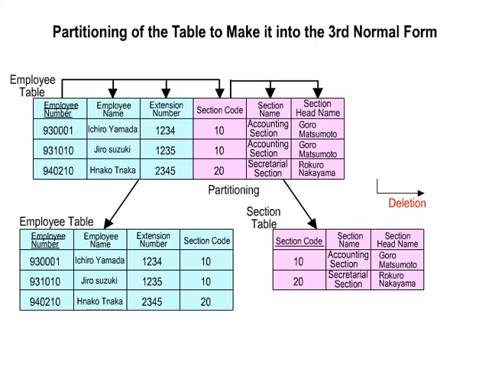It follows that the section name and section head name are determined by the section code, which is a different item from the primary keys. Because of this, the section code and its related section name and section head name can be extracted as separate records. The result is that the employee table is partitioned into the employee table and the section table.